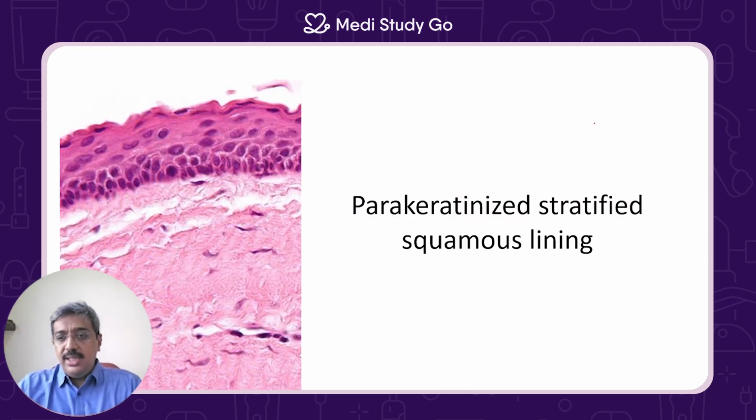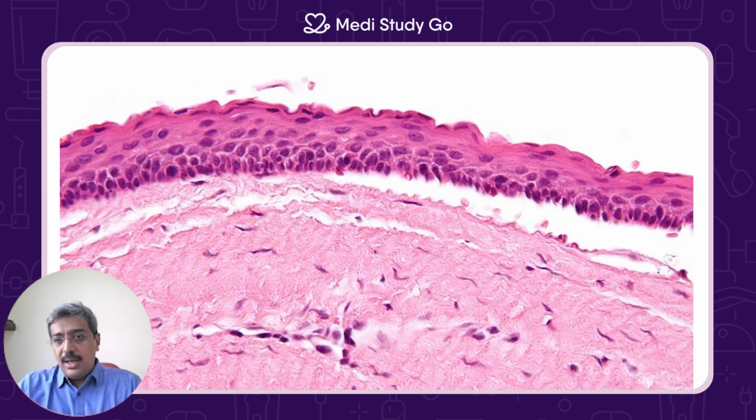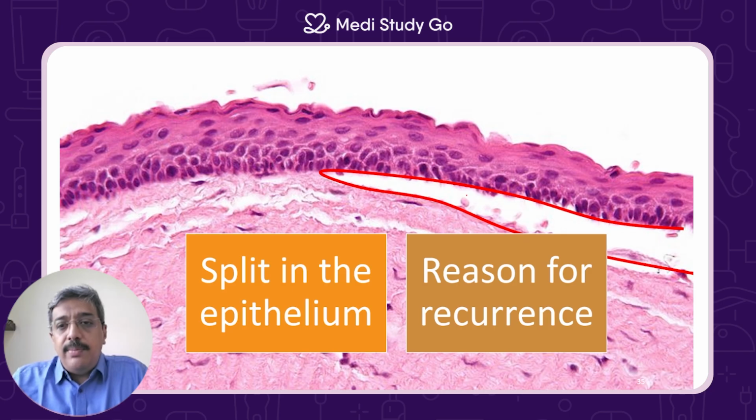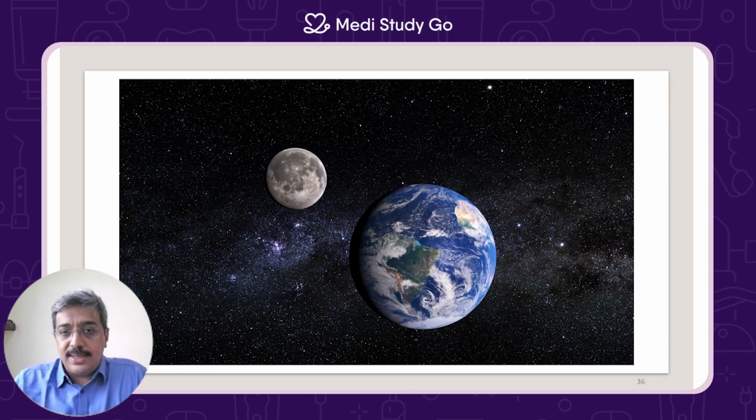Now, these palisaded tombstone-like cells do not connect to the connective tissue very firmly. Hence, you can have a separation of the epithelial cyst lining from the basal connective tissue. And this separation is one of the reasons for the high chances of recurrence.